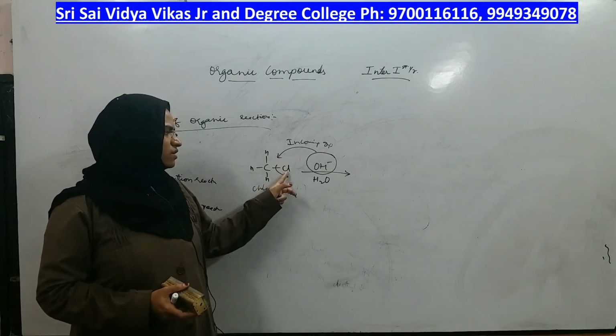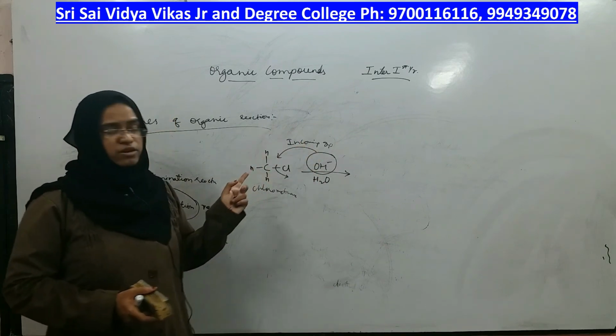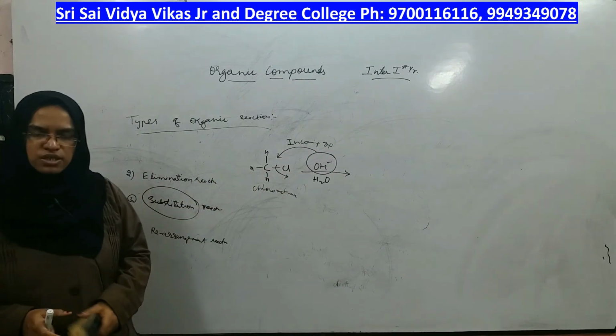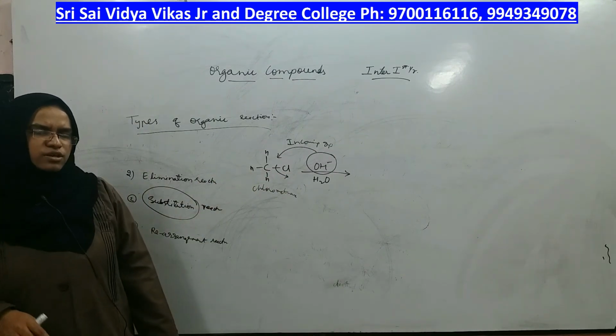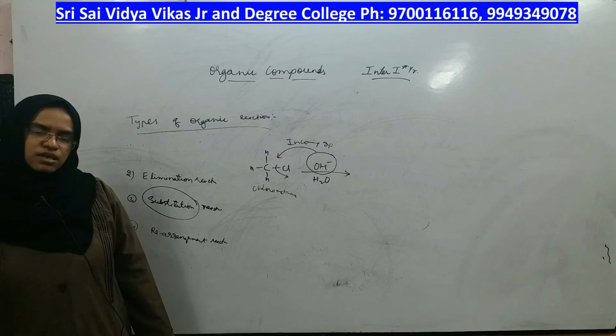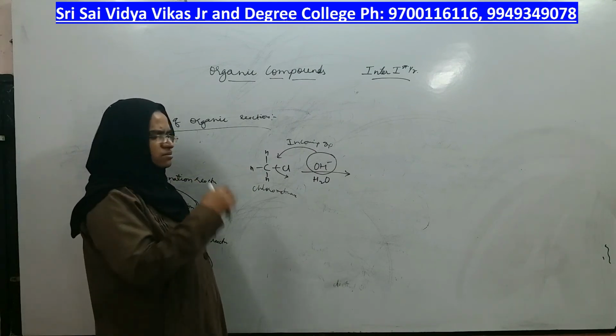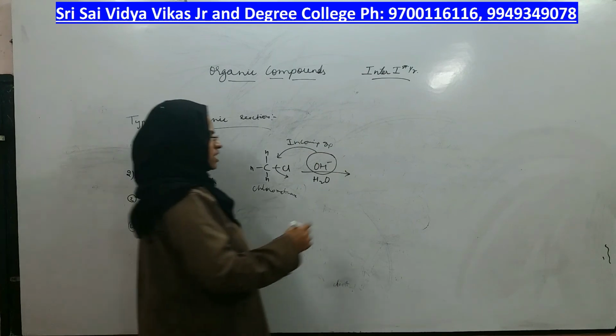Why is it leaving? Because a group from outside came and took the place of the already present group. The already present group becomes the leaving group, and the one coming from outside takes its place, right?